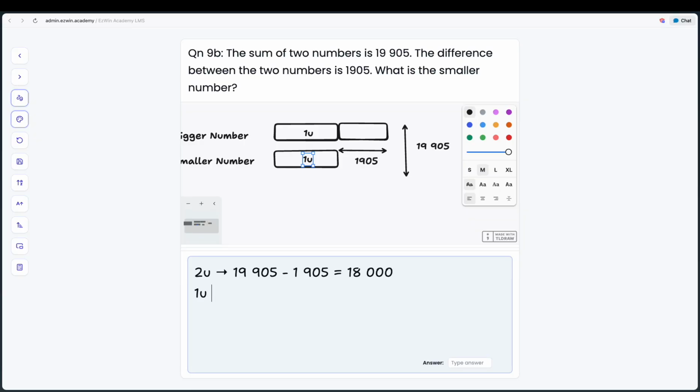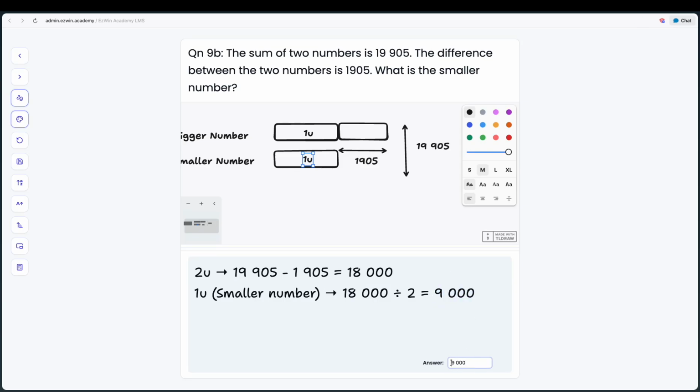So 1 unit, or the smaller number, is equal to 18,000 divided by 2, which gives us 9,000. Okay, so the answer to this question is 9,000. All right. Okay, let's move on to the next question.